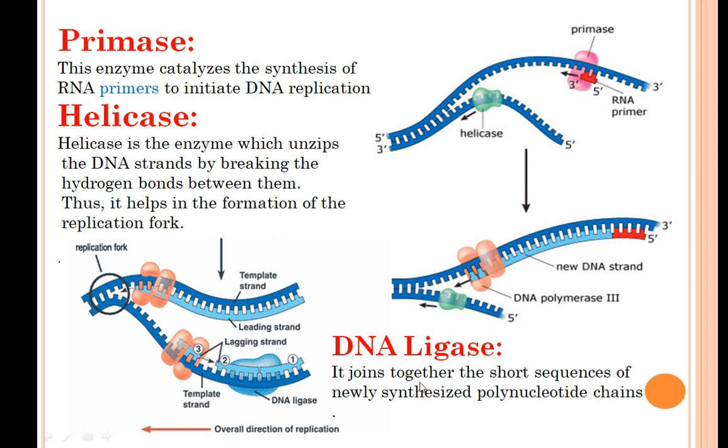Here you can see it joins together the short sequences of newly synthesized polynucleotide chain. That means the discontinuous pieces of the lagging strand are joined together by the enzyme DNA ligase after the removal of the primer to form a continuous daughter strand.